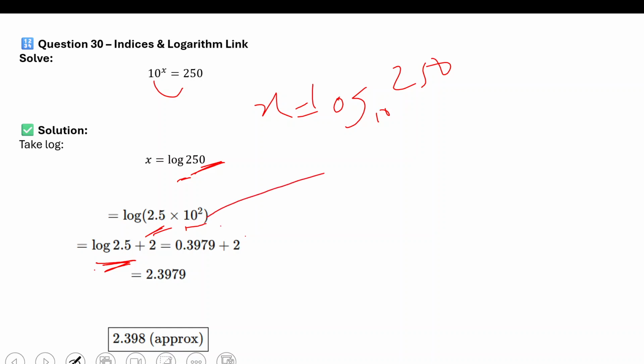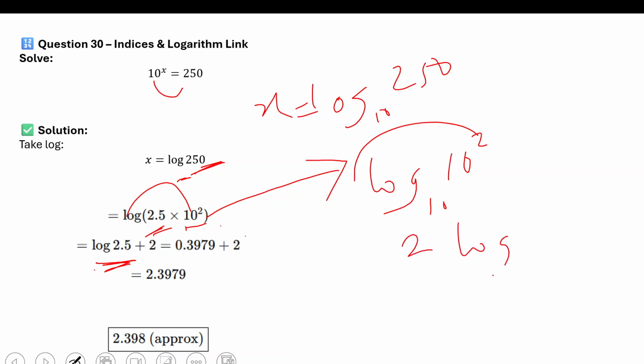Let me quickly explain this part. If you have log 10 to the power 2 in base 10, the 2 will come to be a coefficient, so it will be 2 log 10 to base 10. Log 10 to base 10 is already 1. That is why I'm having this as 2.